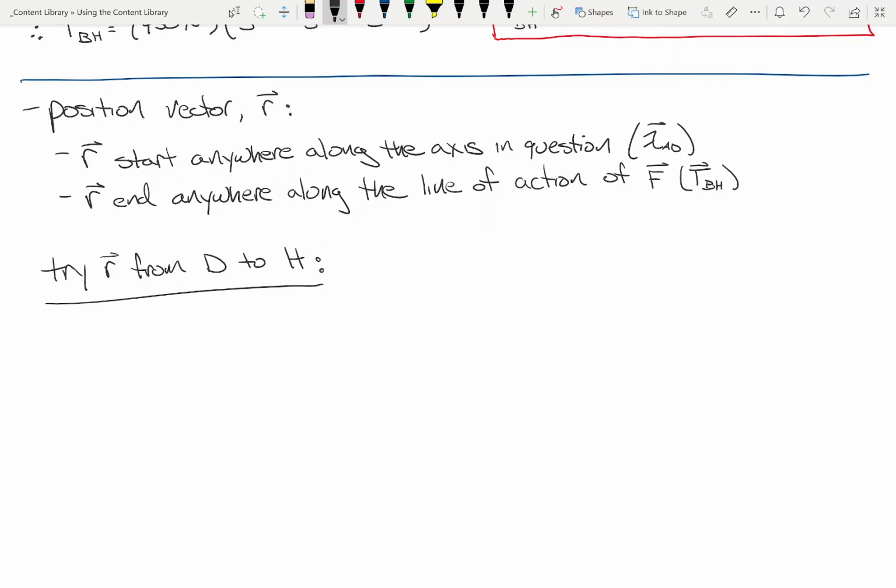So if I want to find the distance vector from D to H, I take point H and point D and I subtract them. Point H was 0.875, 0.75, 0, and this is 1, 0, 0.